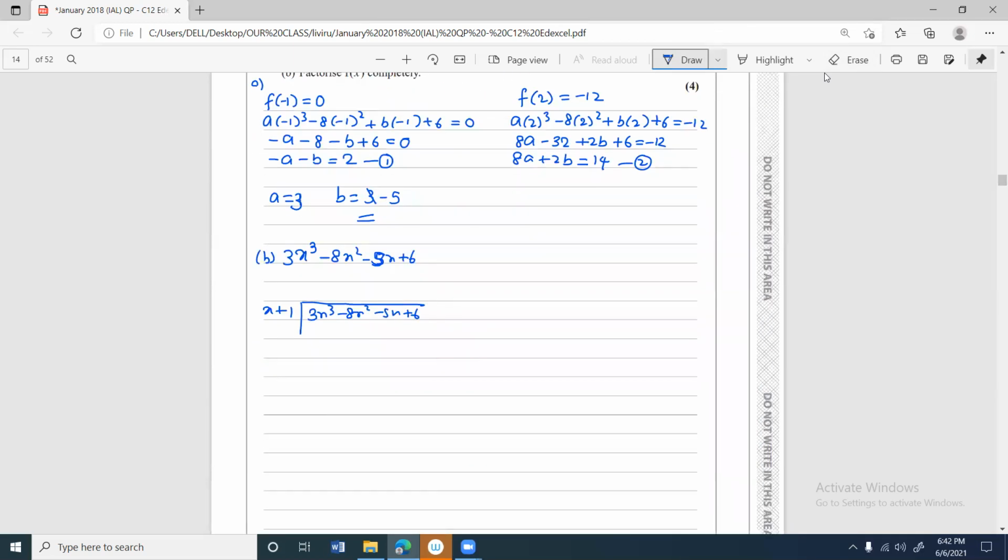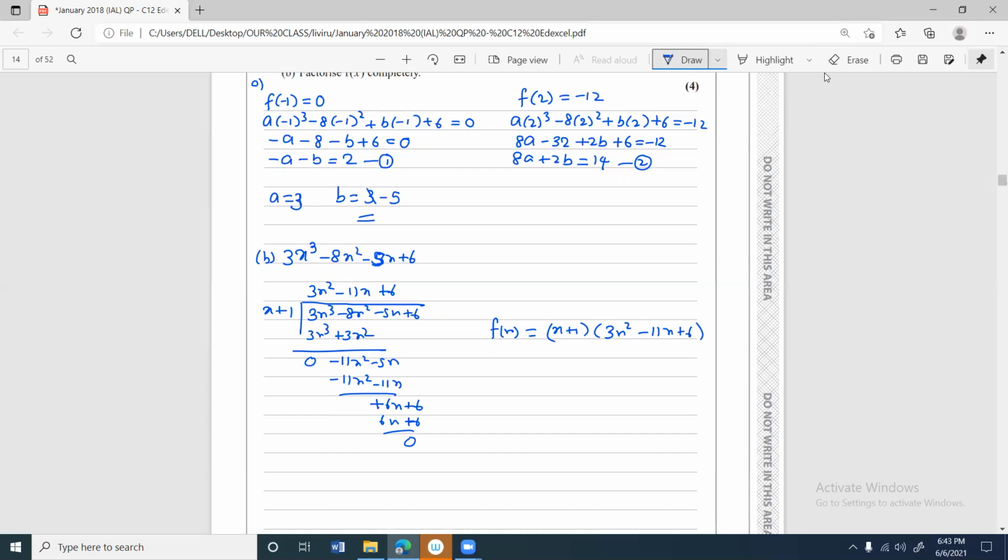So 3x squared, 3x cubed plus 3x squared, 0, minus 11x squared, minus 5x, plus 6x, plus 6, answer is 0. Therefore, f(x) now breaks into two factors: x plus 1 times 3x squared minus 11x plus 6. Now check whether there are any factors of the other quadratic expression.